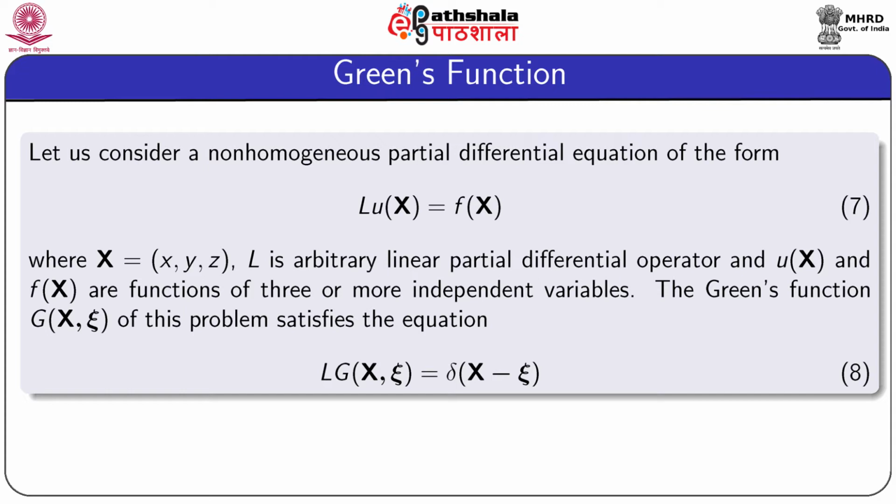Now we shall show how we can introduce the concept of Green's function to find the solution of 7. The Green's function g, which is a function of X and xi, is defined as L on g equals delta of X minus xi. Therefore, the Green's function is such a function which will satisfy equation 8.